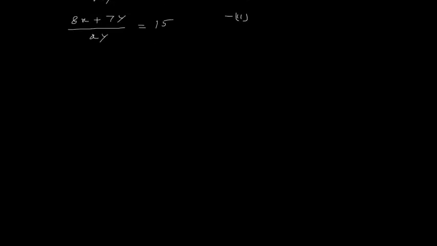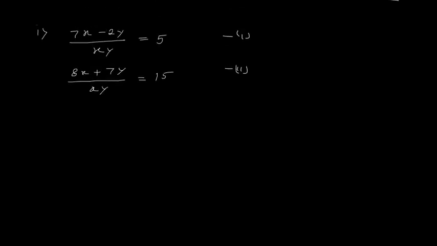So from equation 1, I can say that 7x upon xy minus 2y upon xy is equal to 5. Now this x and x will cancel, here y and y will cancel.